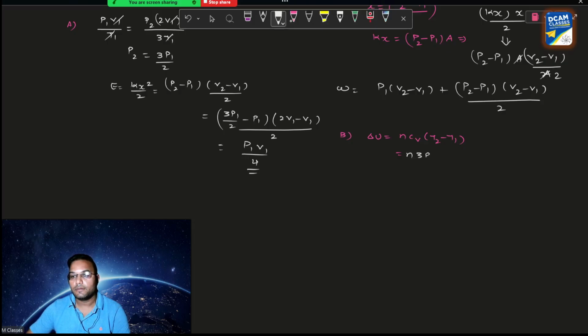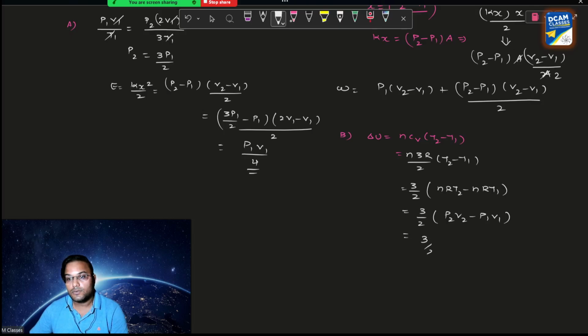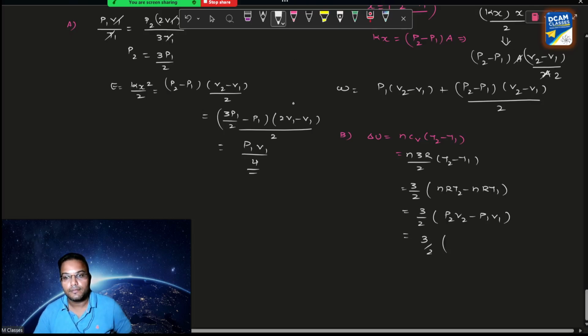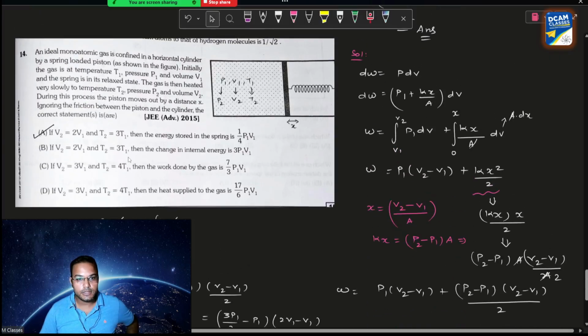So it is n into 3R by 2 into (T2 minus T1), which is 3 by 2 into (nRT2 minus nRT1), which is 3 by 2 into (P2 V2 minus P1 V1), the same condition exactly.